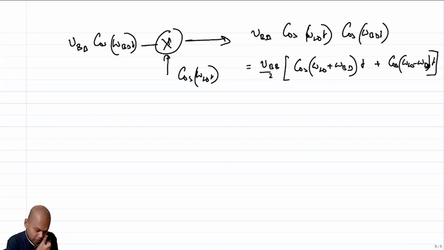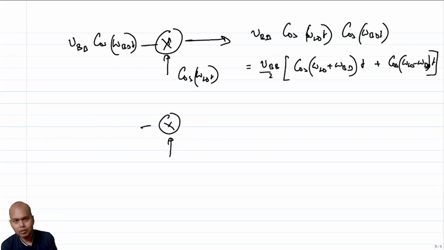Correct? So now you should readily be able to tell me, if I have to get rid of one of these, what do I need and what should I do? So clearly I need cosine omega LO plus omega BB minus cosine omega LO minus omega BB. Correct? So then I can add them so that one of the terms can go off.